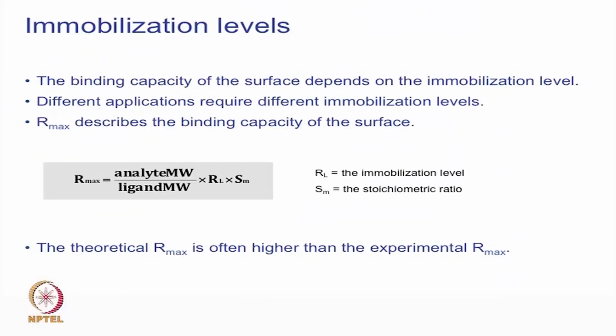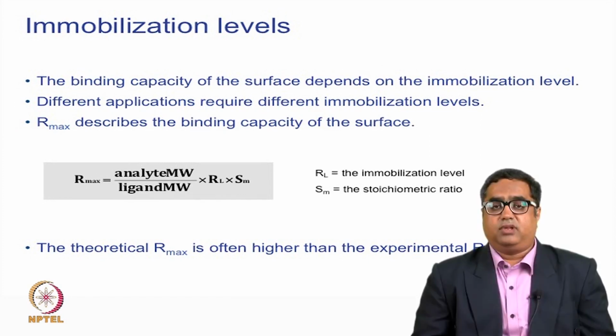The immobilization level can be set in 2 ways. One is you go for a controlled immobilization process, which is called aim for immobilization, or you aim for an immobilization level based on the calculated Rmax, stoichiometry, binding level, and the number of binding sites the molecule has. All that is taken into consideration, and the level of immobilization is determined.